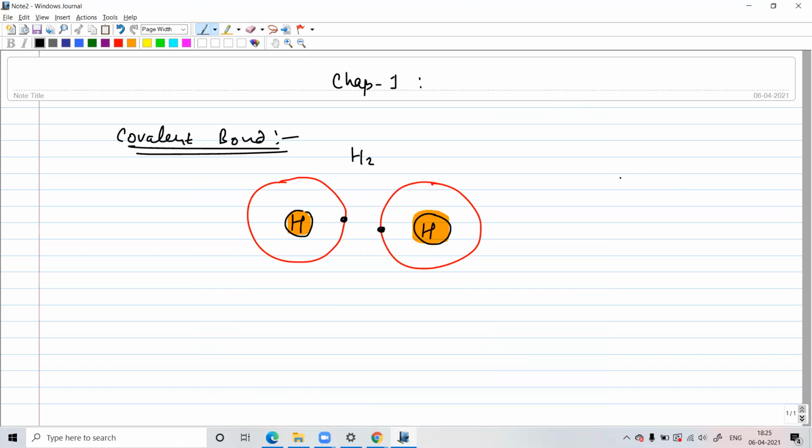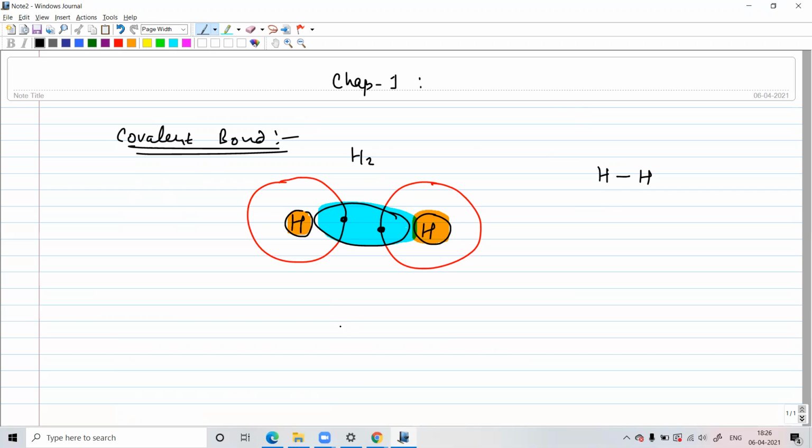So 2 is the number which will make it stable. So what happens? They form a covalent bond, and they share this electron together. So now both the electrons belong to both the hydrogen atoms. They will be close together. The hydrogen nucleus will be close together, and the electrons will be shared by both of them. And the covalent bond is represented by a single line like this, H and H.